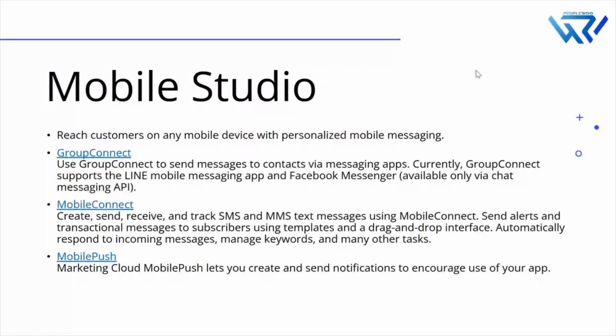The other type of communication we can send from Mobile Studio is to third party messaging apps, like WhatsApp, like Facebook Messenger, like WeChat. For all these also you require a commercial business license. Like to send WhatsApp messages, you should have a WhatsApp business license.